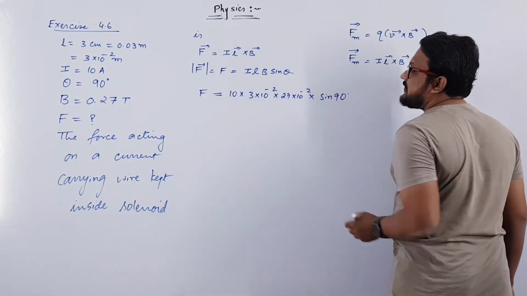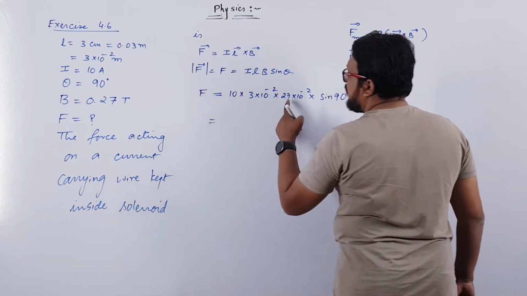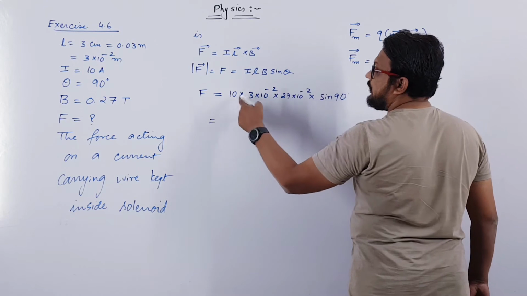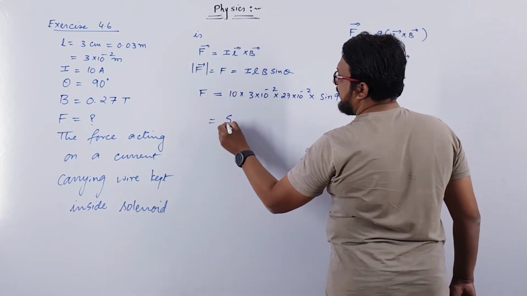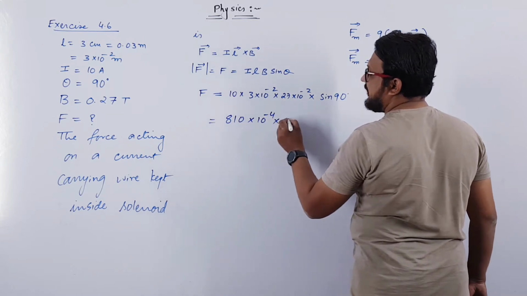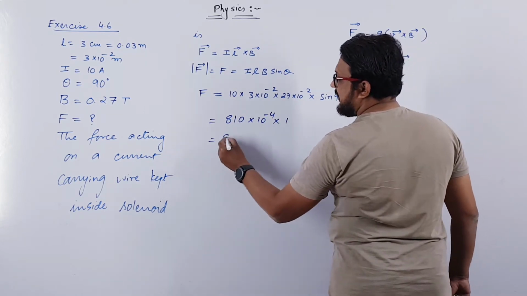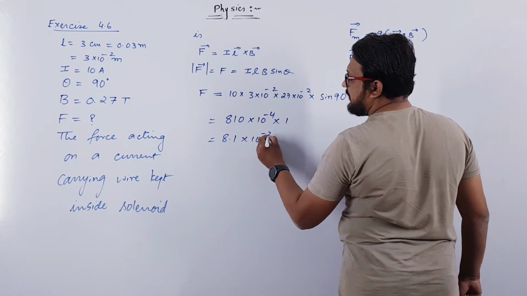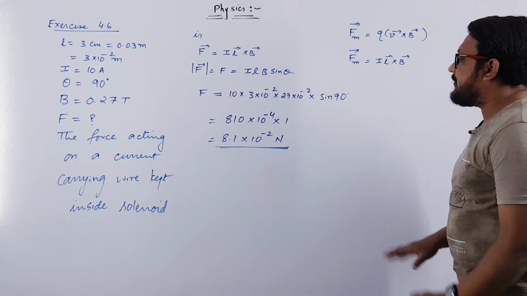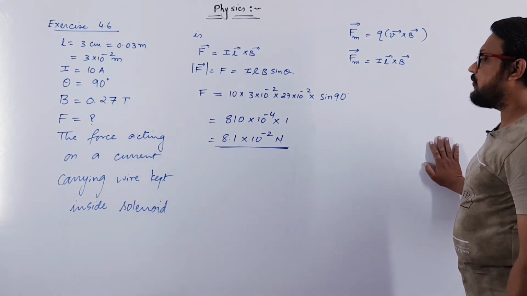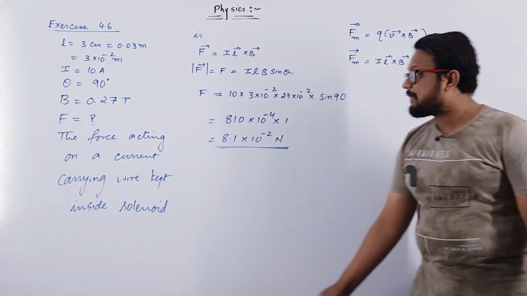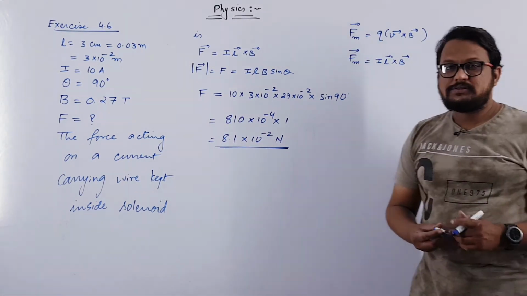Now sine 90 is 1. 27 3s are 81, 81 into 10 is 810 into 10 to the power minus 4, into sine 90 which is 1. So you can write this is 8.1 into 10 to the power minus 2 Newton. So the force acting on a current carrying wire kept inside the solenoid is 8.1 into 10 to the power minus 2 Newton for these given quantities. Clear? Copy this.